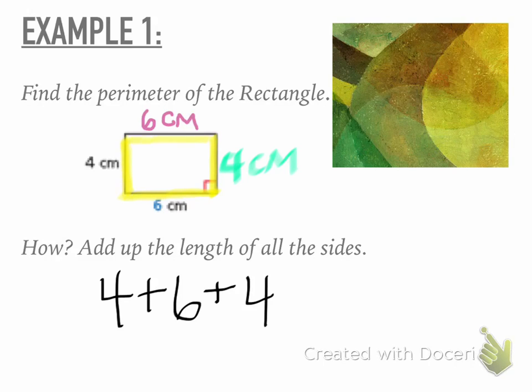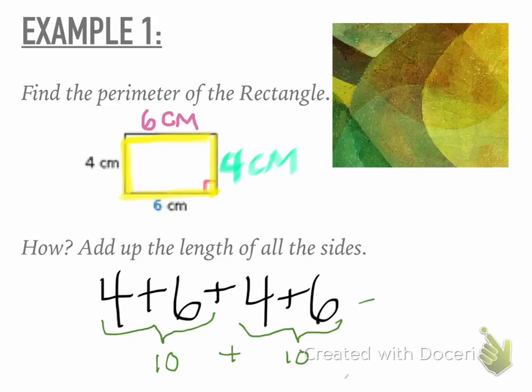And finally, our last side of 6 centimeters. So a little simplification, I know that 4 plus 6 is 10, and 4 plus 6 over here is 10, so if I do 10 plus 10, I'm going to find that the perimeter of this is 20 centimeters.